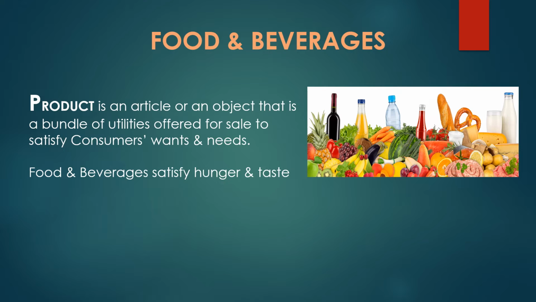So we can define product as an article or an object that is a bundle of utilities offered for sale to satisfy customers' wants and needs, right? A product is basically manufactured or produced in order to satisfy consumers' wants and needs, right?